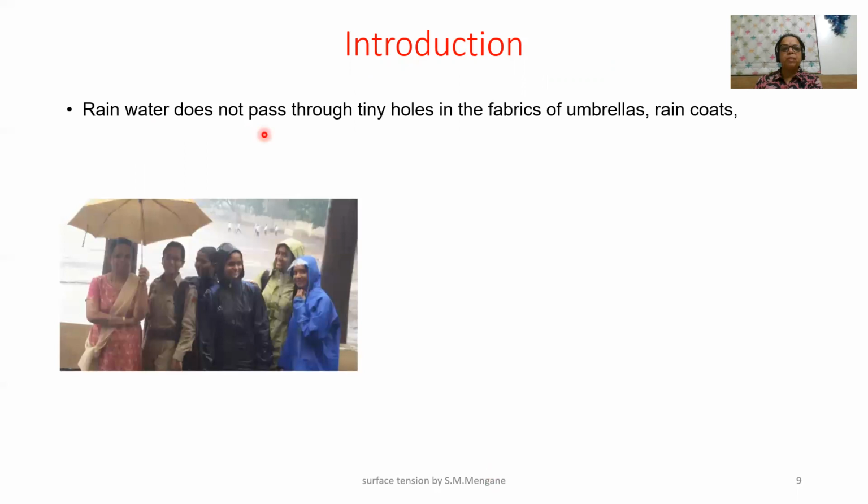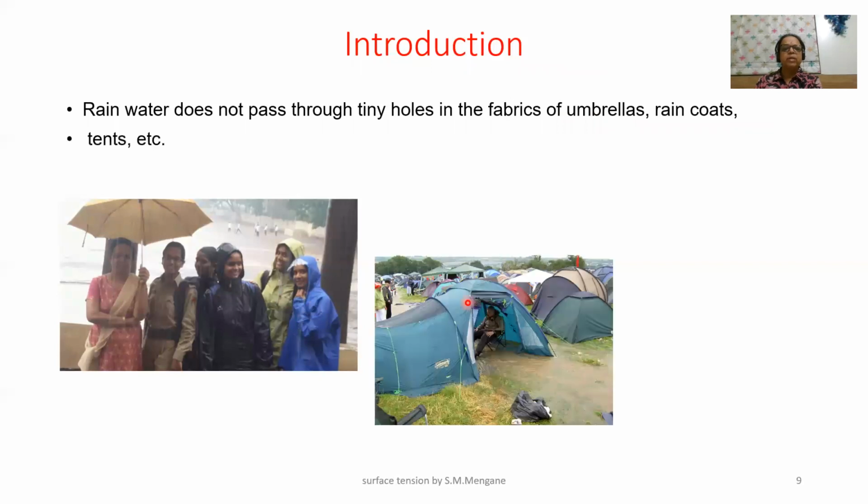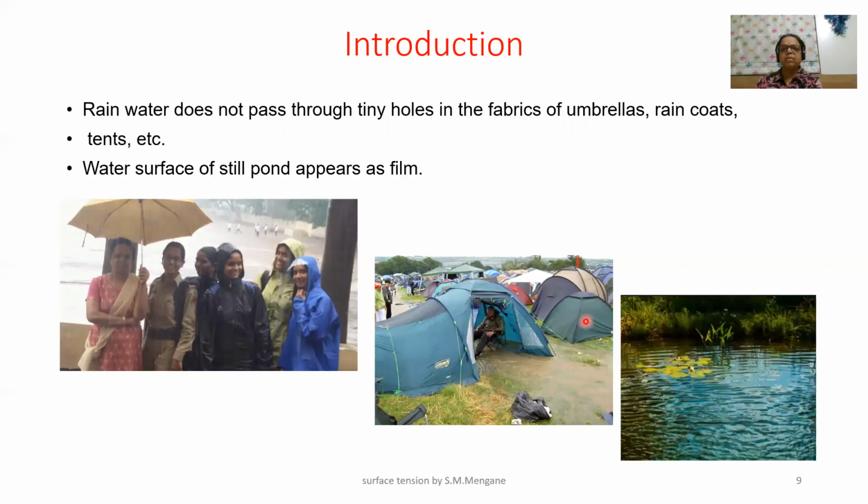Rainwater does not pass through tiny holes in the fabrics of umbrellas, raincoats, tents, etc. The water surface of a steel pond appears as a film.